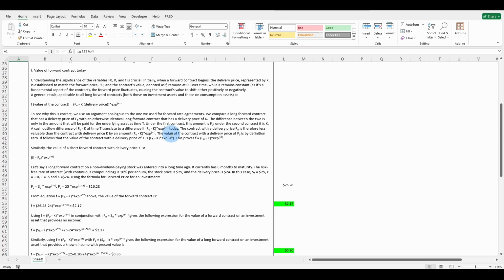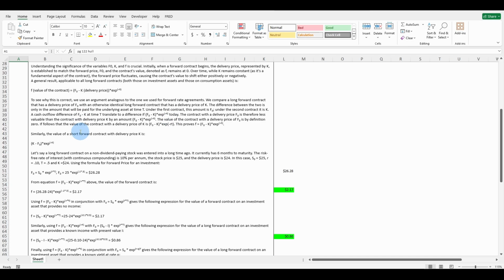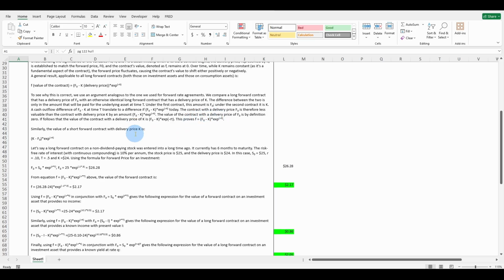The value of the contract with the delivery price of F0 is by definition 0. It follows that the value of the contract with the delivery price of K is F0 minus K, times e to the power of minus RT. This proves that f equals F0 minus K, times e to the power of minus RT.